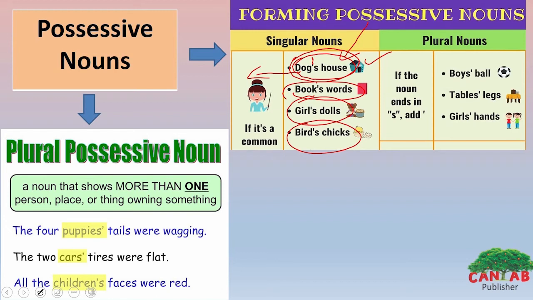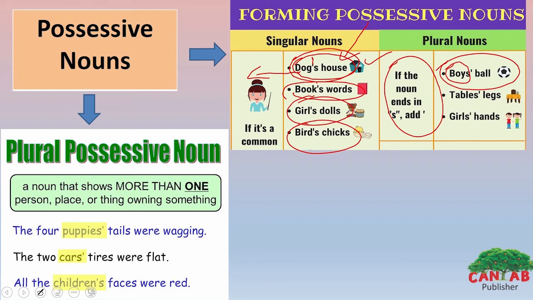Look at the plural nouns. Yes, there is a difference in plural nouns. How? If the noun ends in s, we add an apostrophe after that. Here the boys is a plural form. Boy is the singular noun.